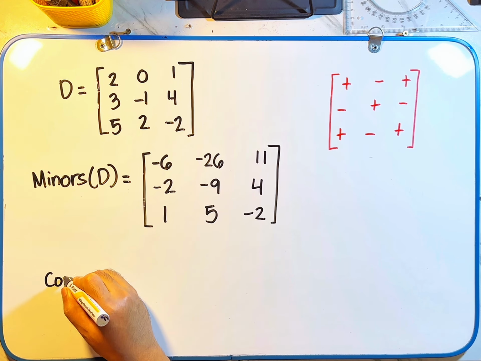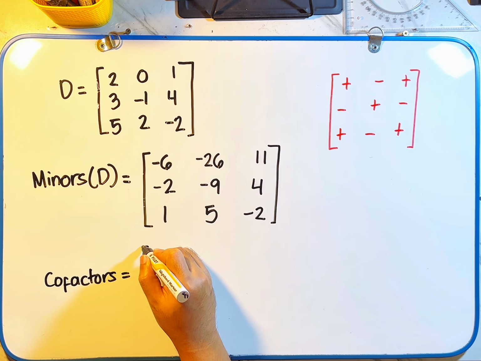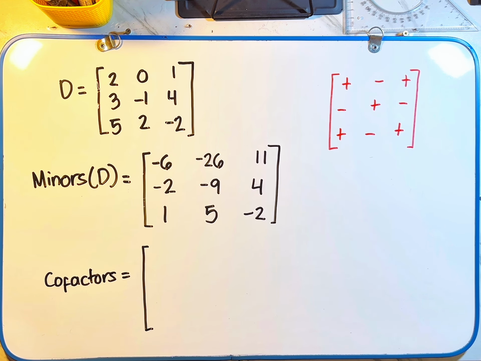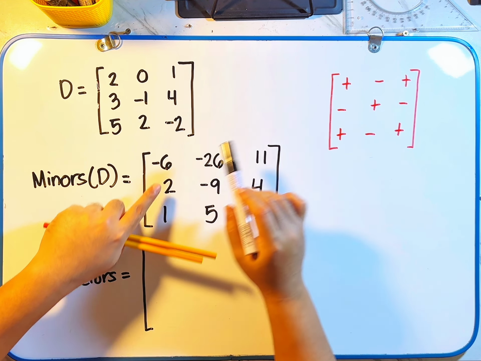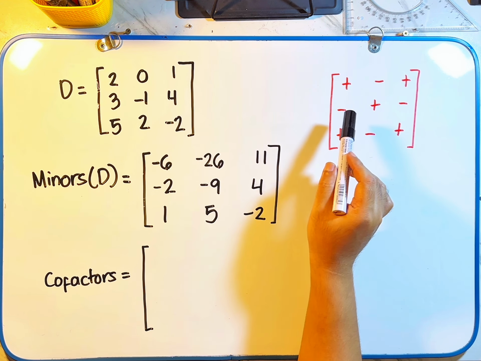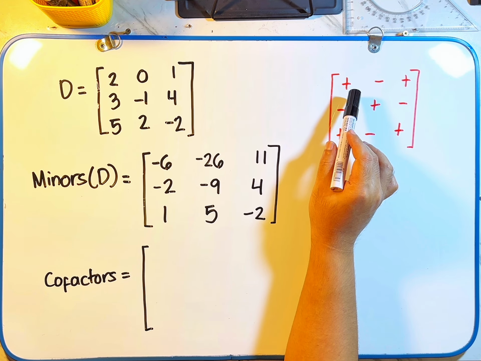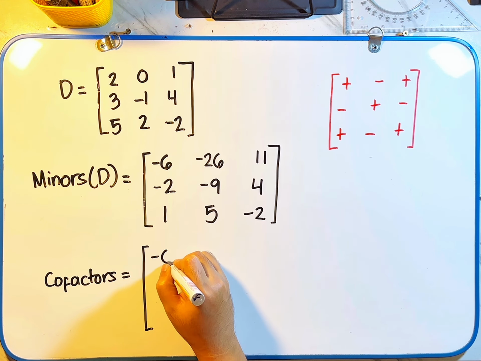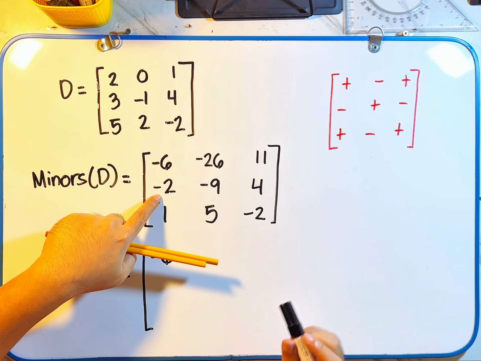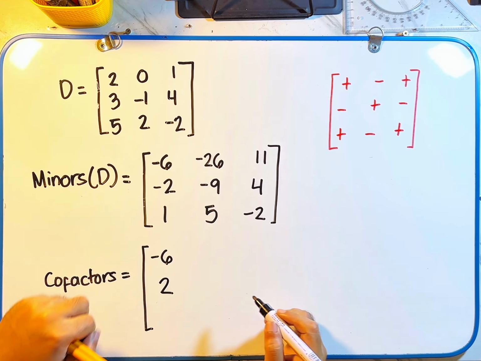So cofactors. Let's apply directly. For the element in the first row, first column, we have positive. Let's assume this as positive 1. So positive 1 times negative 6, that's negative 6 still. Negative 2 times negative, so it becomes positive 2.